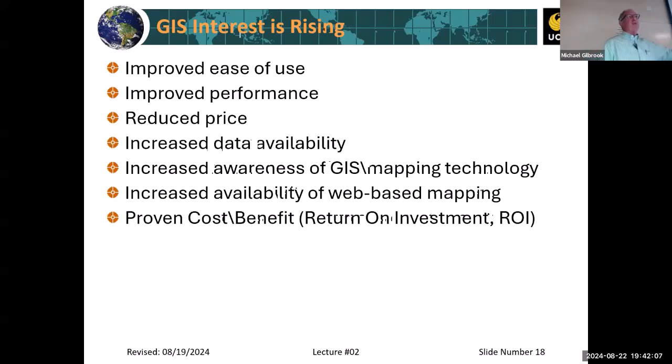When GIS first got started, if you wanted to do a GIS analysis, you had to create all the data first. Now, you live in a world where many government agencies, cities, counties, federal agencies, as part of their mission, create GIS data to solve their own problems. But then because they're taxpayer supported, they make their data available to the public, usually at no charge.